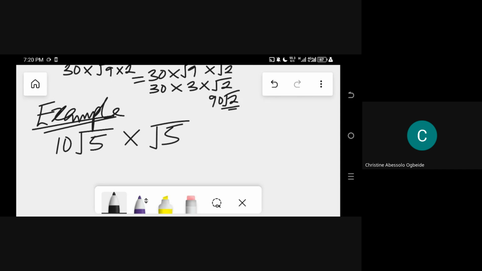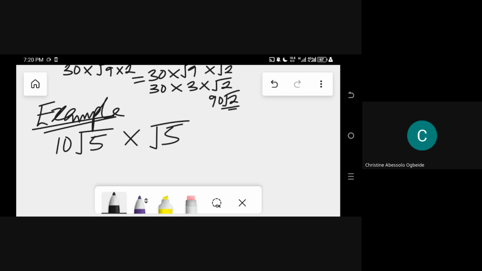Now, you had 10 at the back behind the root in the first one, but there is no number at the back of the root 5 in the second one. But definitely, we already know that there should be a 1 there since there is no number. So remember that the 10 cannot multiply the roots. The 10 is outside.